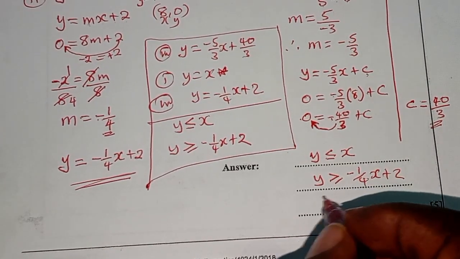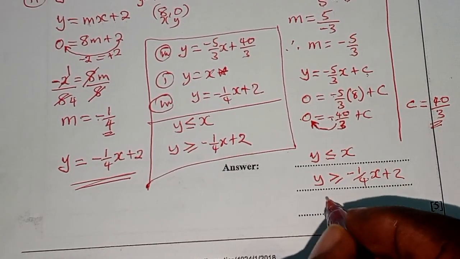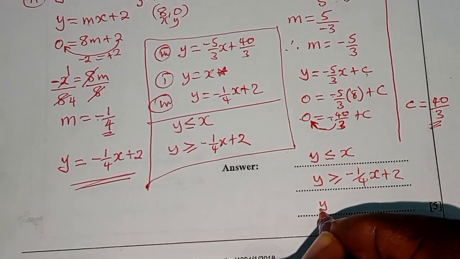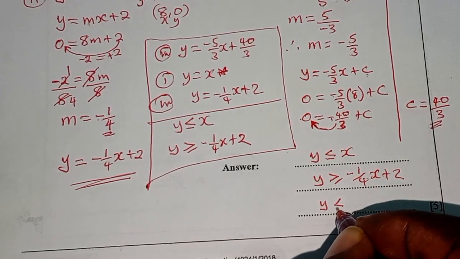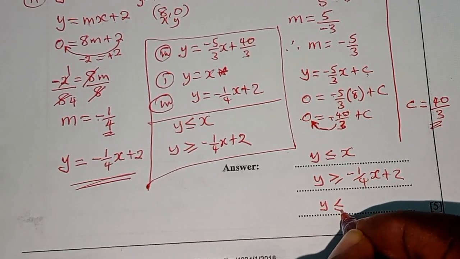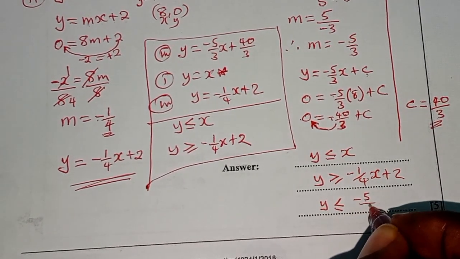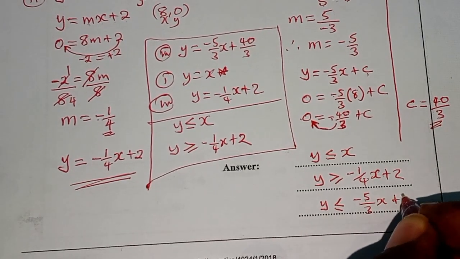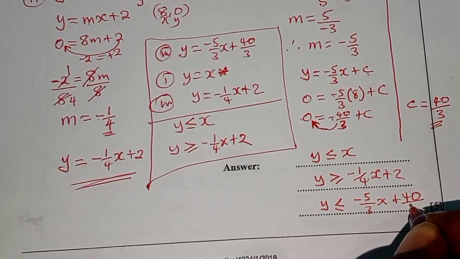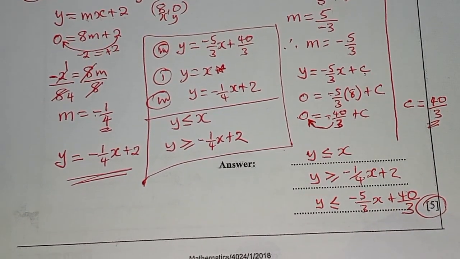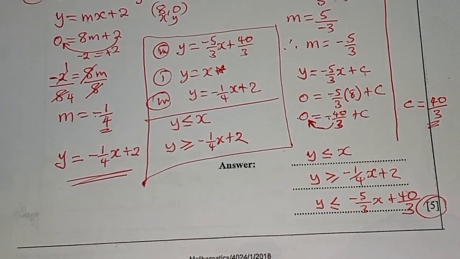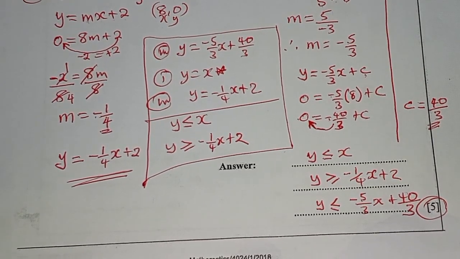Then the last one is y is less or equal to negative 5 over 3x plus 40 over 3. So 5 marks. Wonderful, wonderful. These things are nice.